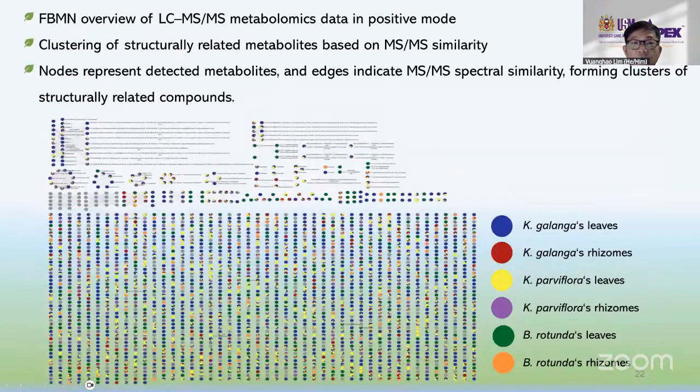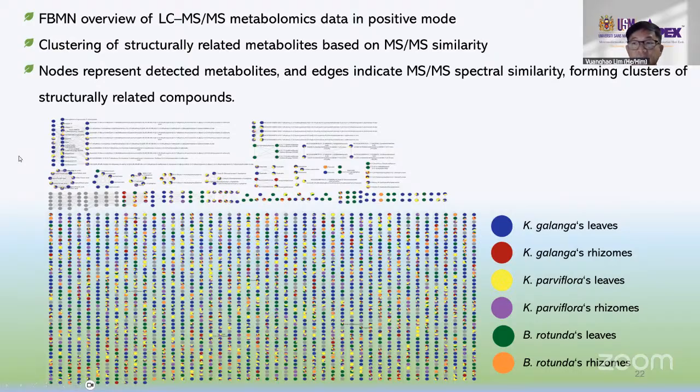So in terms of the overview, as we can see here, if we did it in the positive mode, this slide shows a feature-based molecular network generated from the LC-MS data. And you can see that each node here represents one detected metabolite, while the connecting edges indicate structural similarity.